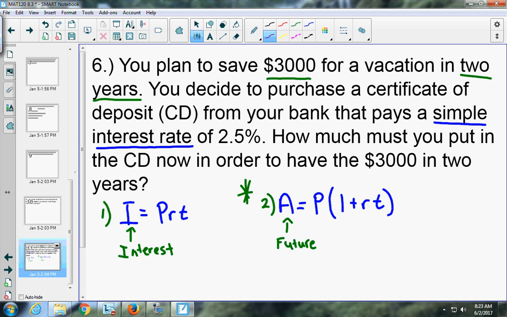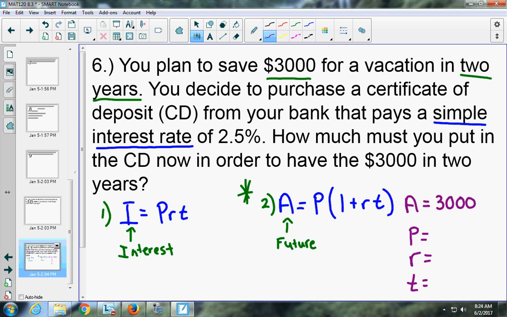Once I've decided that, just like I always do, I'm going to list out all of the variables, so as I read the problem, I can fill in the information that I know. That $3,000 is the money I need in the future, so I'm going to fill in $3,000 for A.